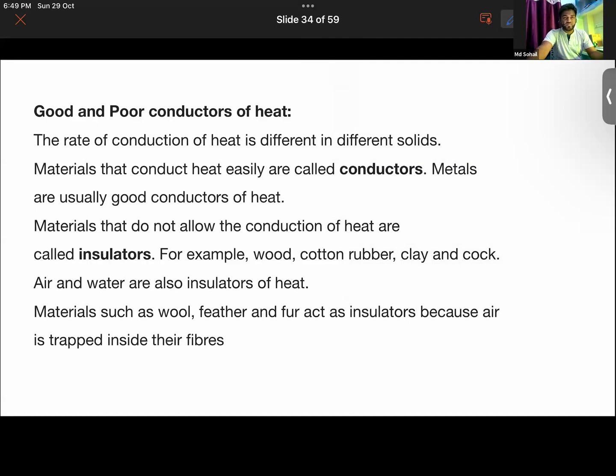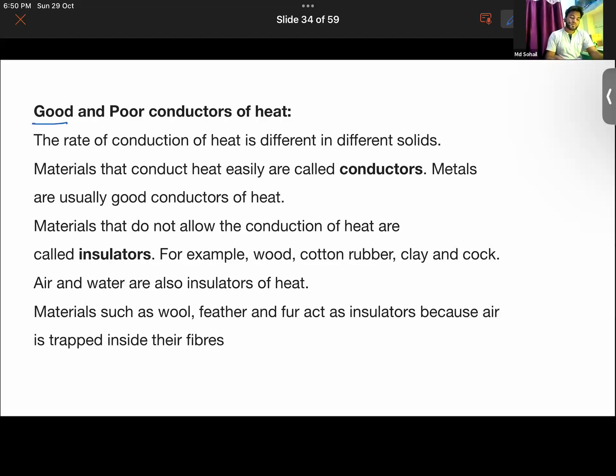If I were to place a room heater in the room and then touch different objects made of different materials, each will have a different temperature, because different substances have different properties. Some of them allow the heat to pass through them, while some do not allow the heat to pass through them easily. That's how we have classified substances as good and bad conductors of heat.